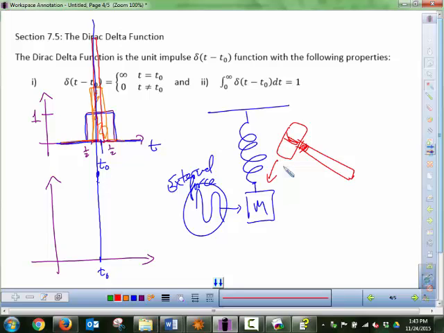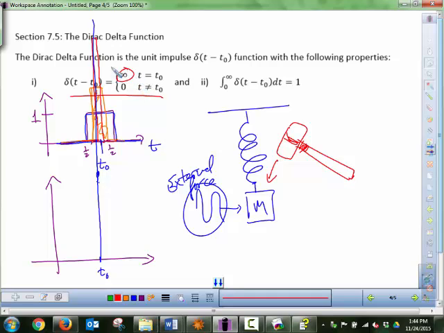So you take this hammer, so you do something with a spring, you release it, and at some point you whack it with the hammer. That hammer is going to give this force at one instant in time, and then that's it. So that big force at that one instant of time is like that delta function that's imparting this one big force.